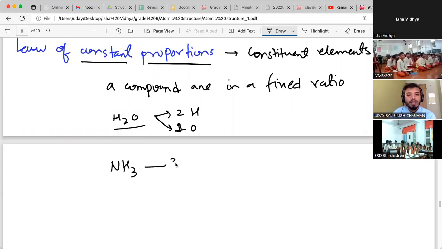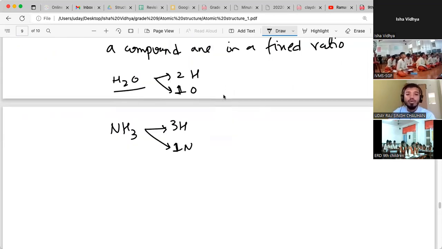Let's take one other example. NH3 has 3 hydrogen and 1 nitrogen. Always the ratio will be fixed. So if you take the ratio of the masses, that is also fixed, right? Here, for water, the mass ratio of hydrogen to oxygen is 2:16.